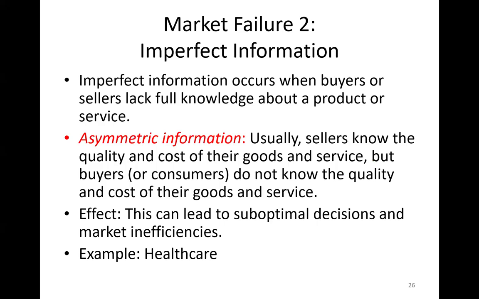Governments also step in when there's imperfect information or monopoly power, ensuring markets function more fairly and efficiently. In healthcare, imperfect information can lead to poor decision making by consumers.